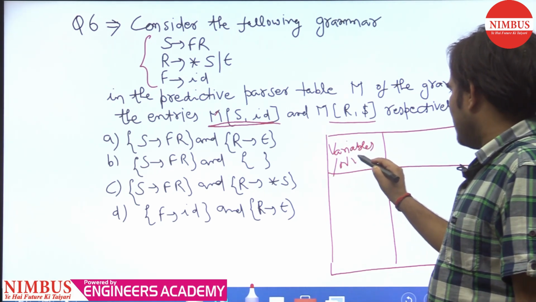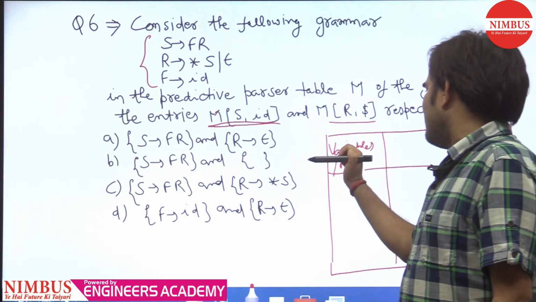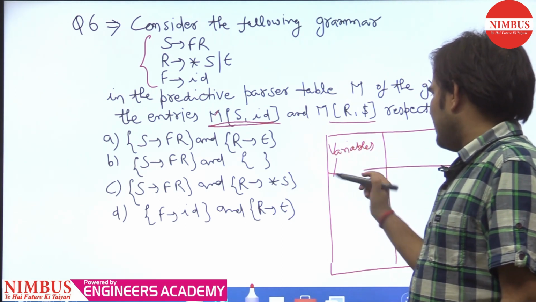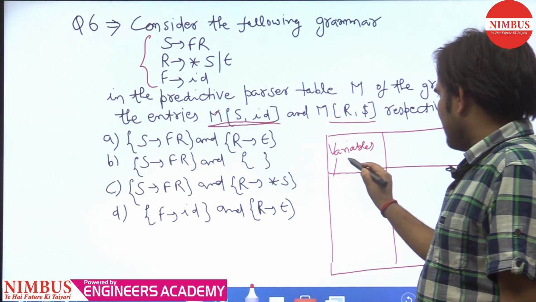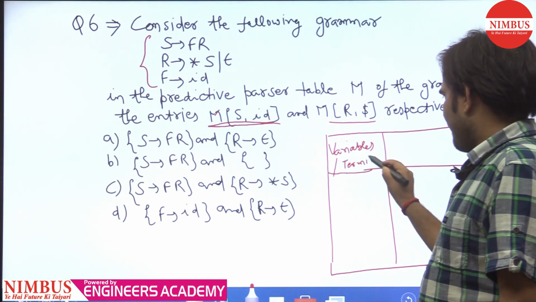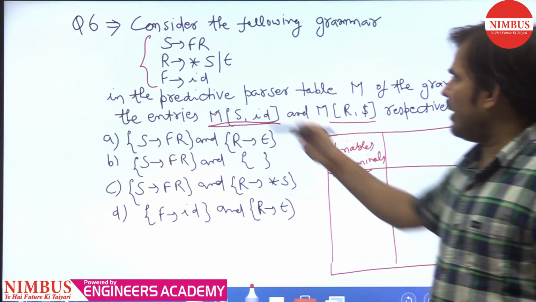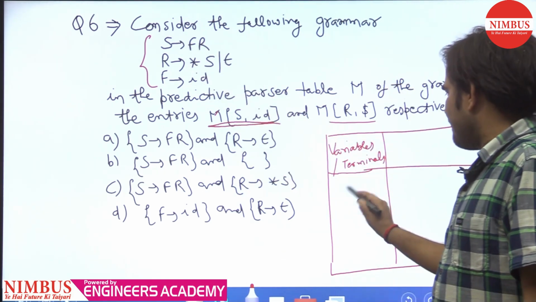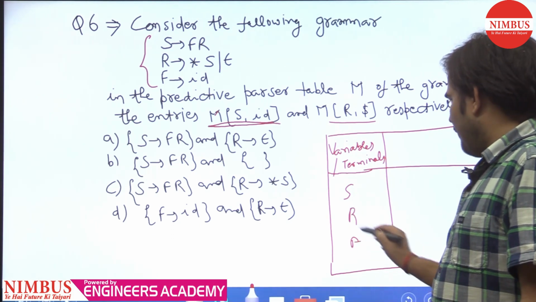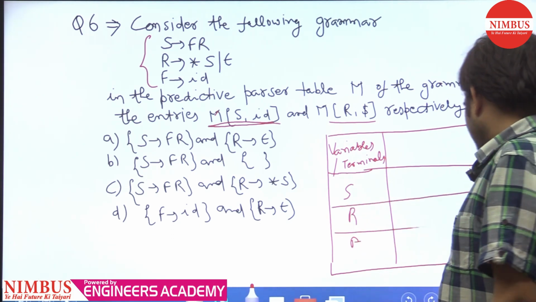You can put variable slash terminals like this also. So variables we will put here. How many variables are there in this grammar? S, R and F. Divide it like this.